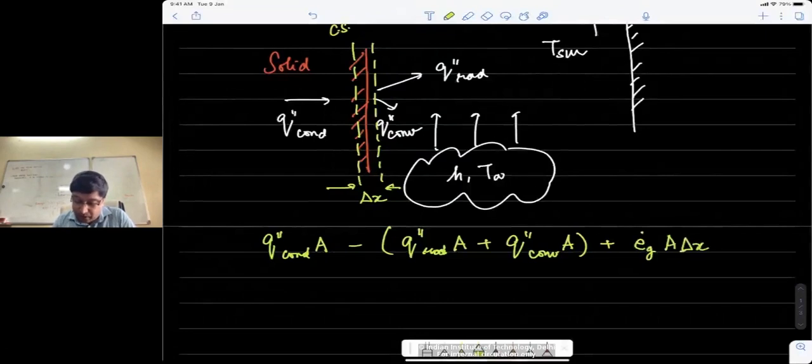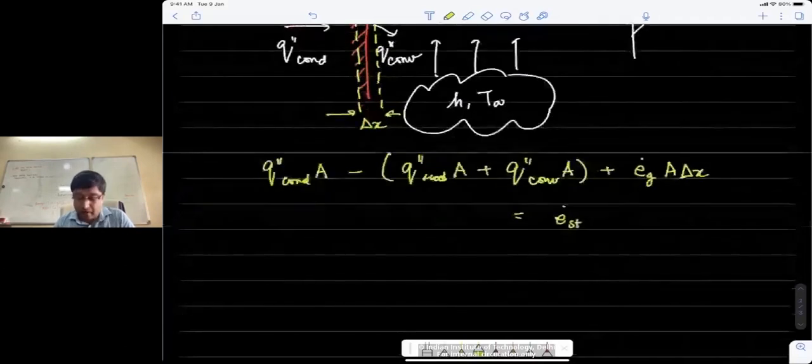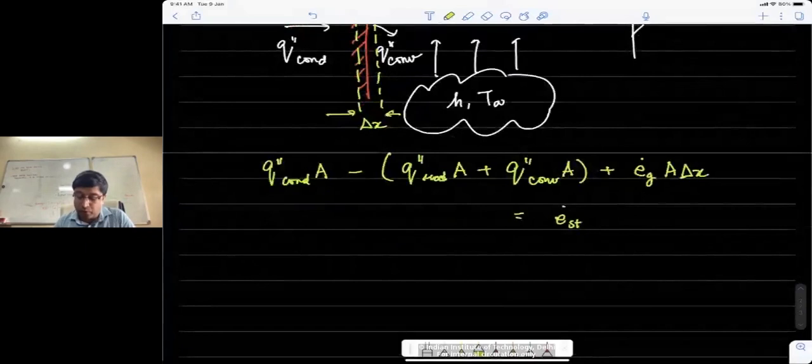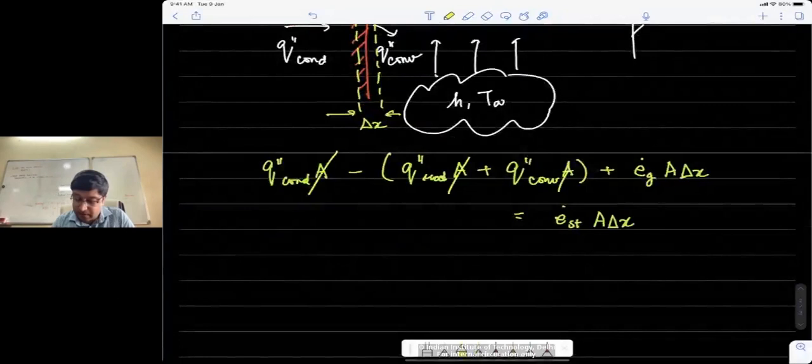And what is on the right side is E dot storage, which is the rate at which energy gets stored per unit control volume times again A times delta x. So I can get rid of the areas quite easily.